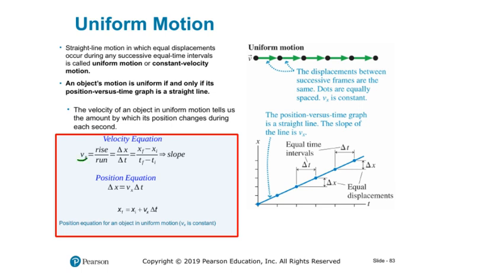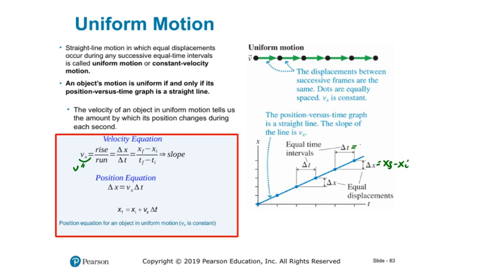By the way, our book defines velocity along x to be vx. Since this is 1D motion, we can always call this v, keeping in mind it's along x or along y, or we can keep it vx. If it's along x, it's vx. If it's along y, it's vy. So keep that in mind. From the graph's slope, I get velocity, rise over run, and that will be delta x over delta t.